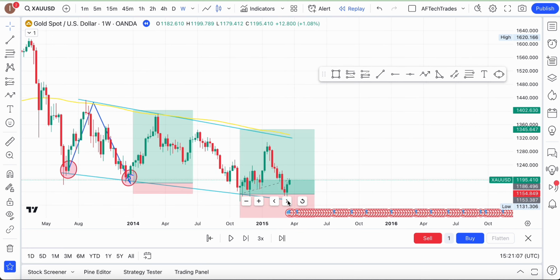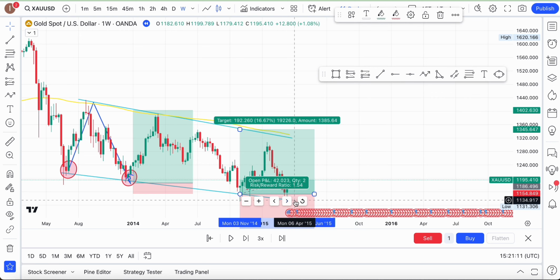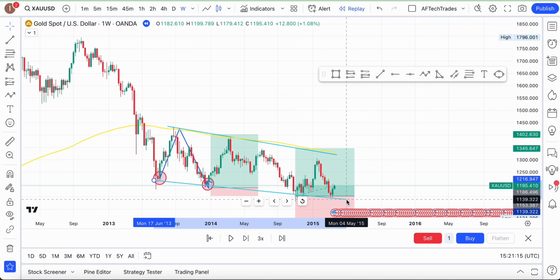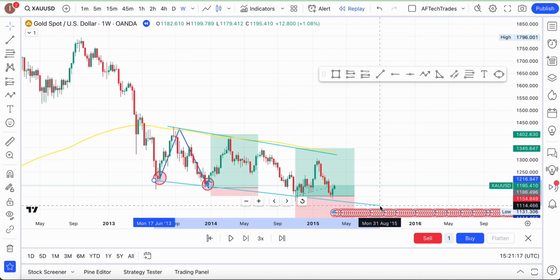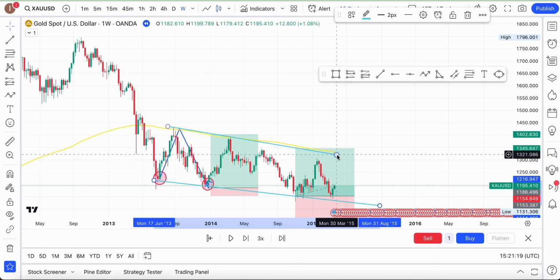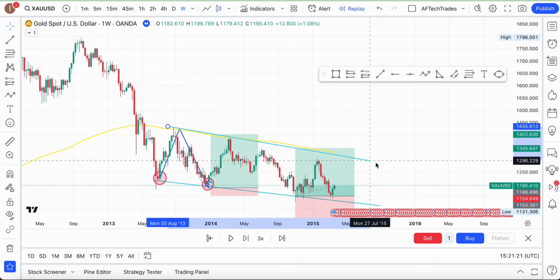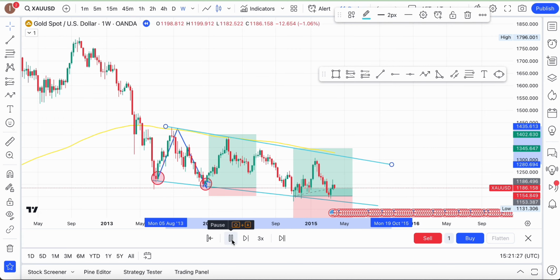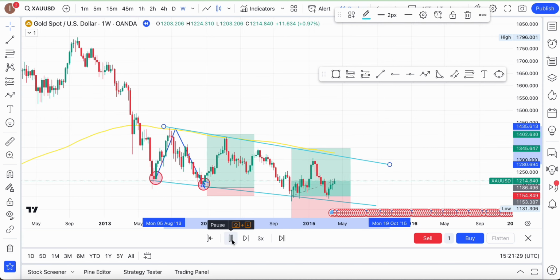Wait and see. Extend the trend line. Extend your trend line. Extend the upper one also. So you're waiting for it to hit your TP or your stop loss.